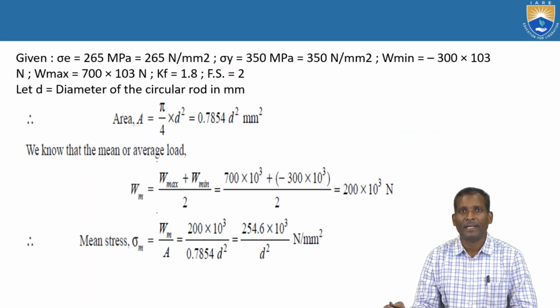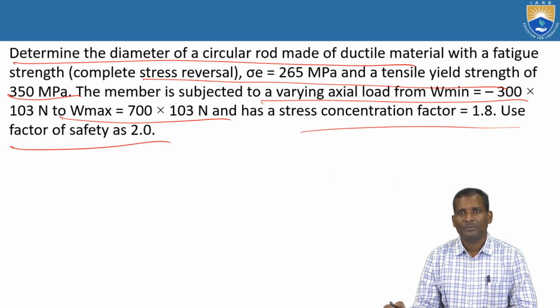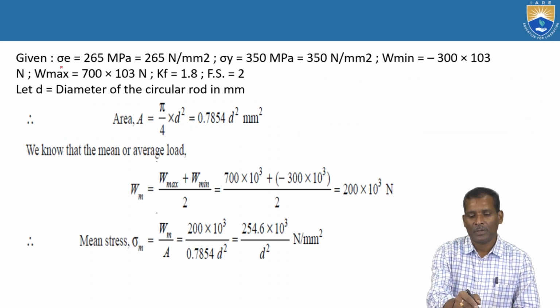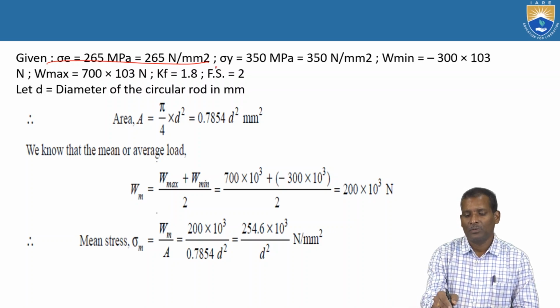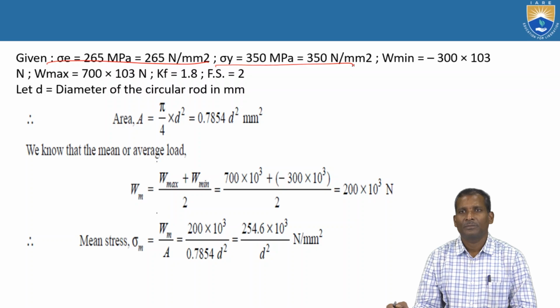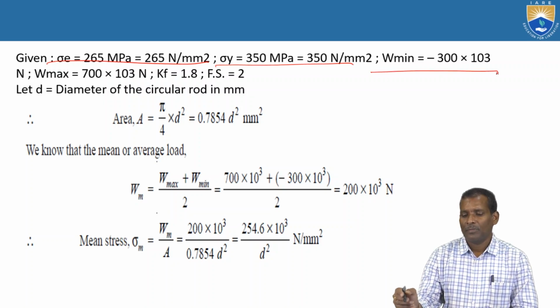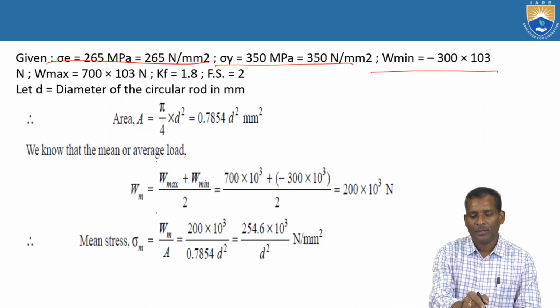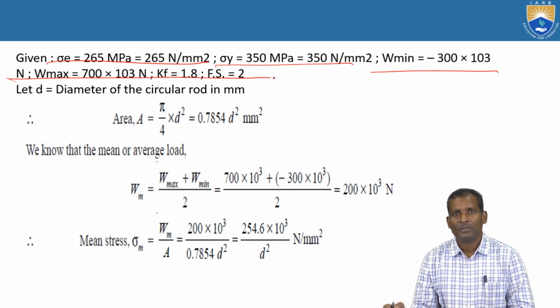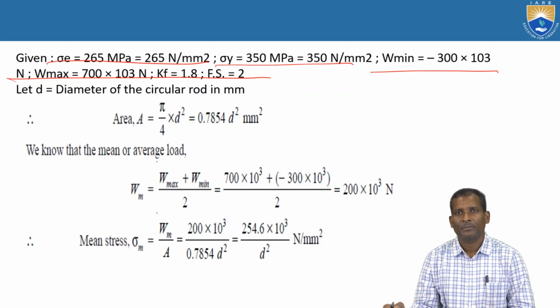Now write down the given data. Sigma e is 265 megapascal, convert into Newton per mm square. The yield stress is 350 megapascal, that is 350 Newton per mm square. Minimum load is minus 300 into 10 cube newtons. Maximum load is 700 into 10 cube newtons.